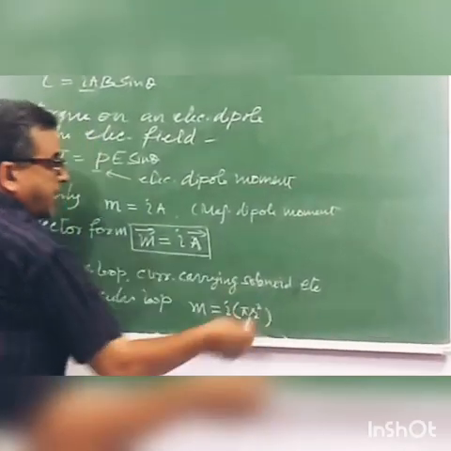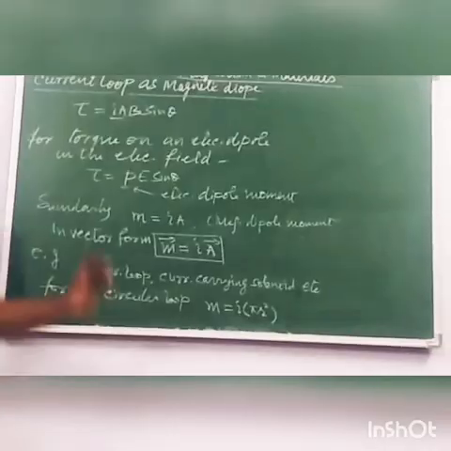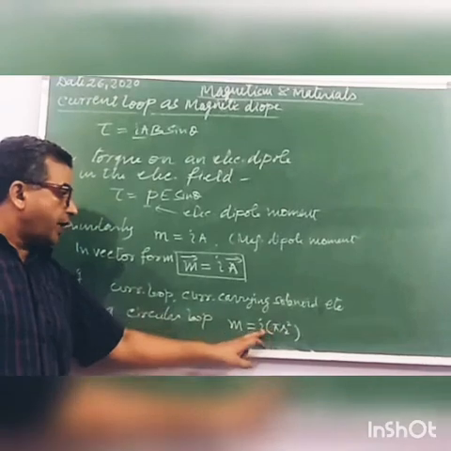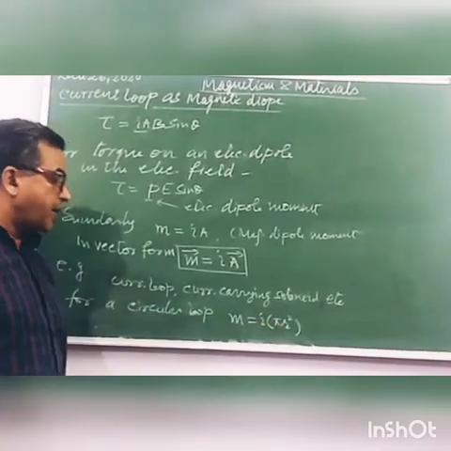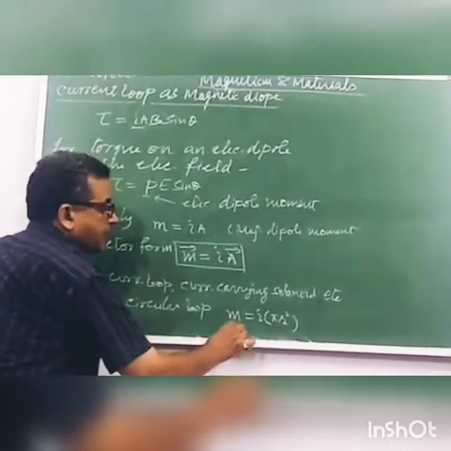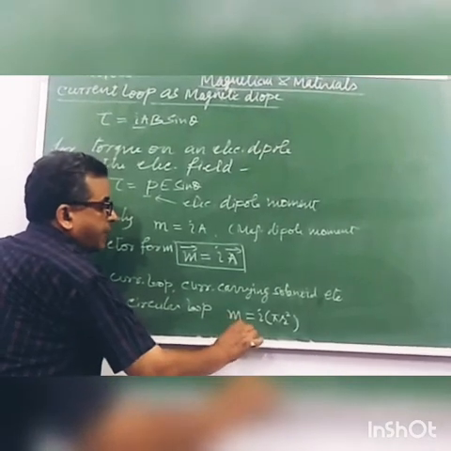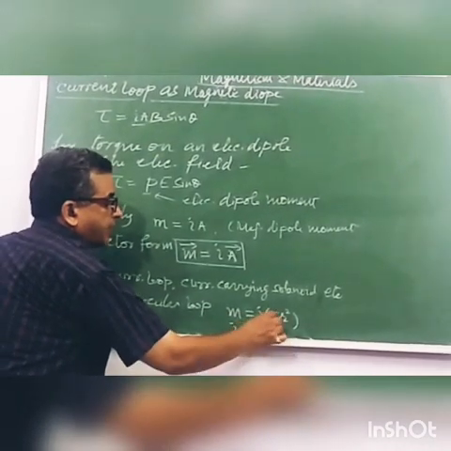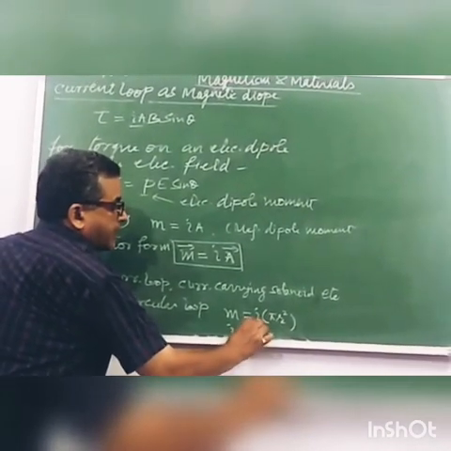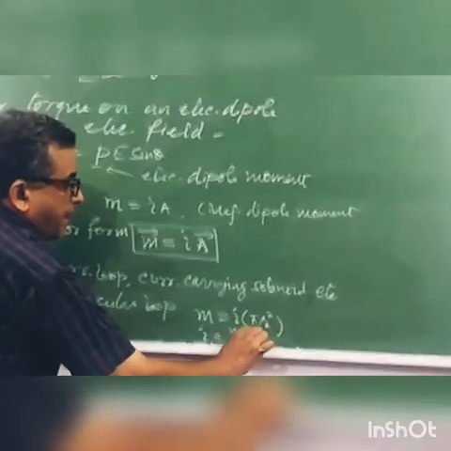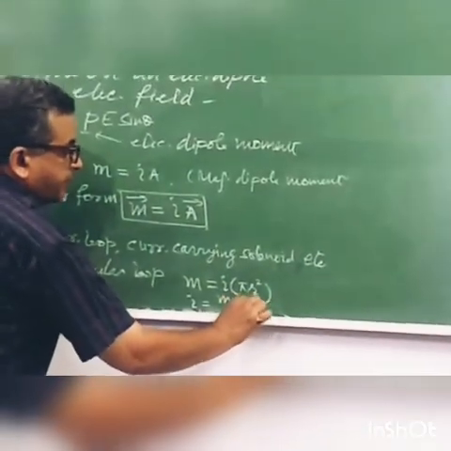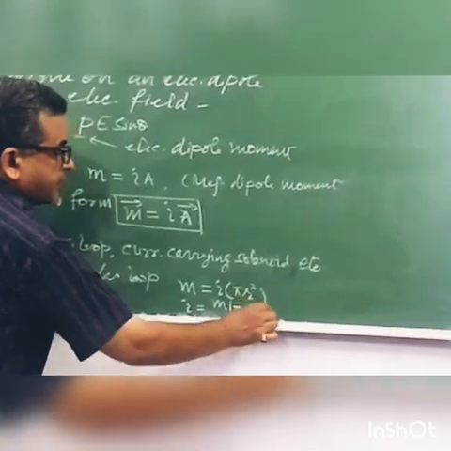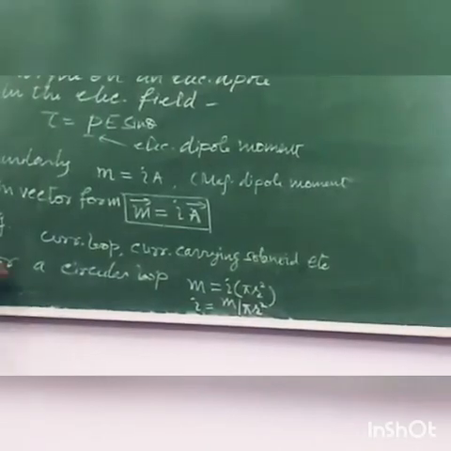Suppose r is the radius of the circular loop, so the area will be pi r square. So we can express this M in terms of r, that is, I pi r square.